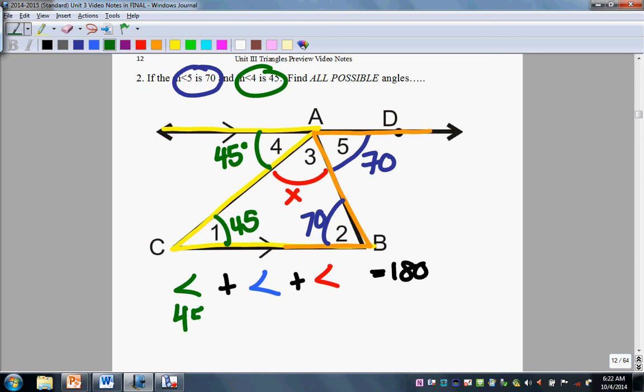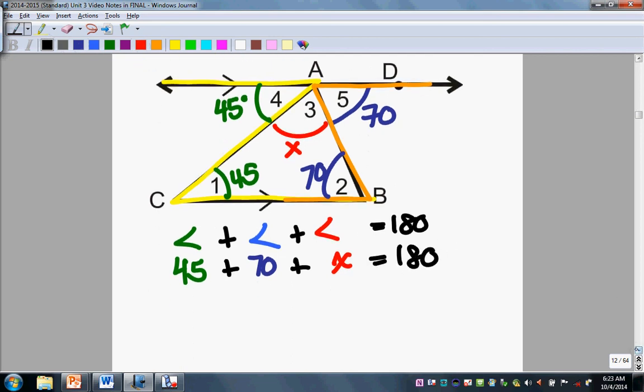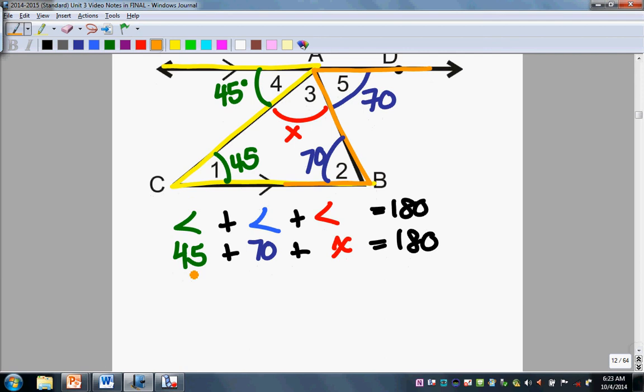So it's going to be 45 plus 70 plus x equals 180. We're going to solve for x. Combine like terms.